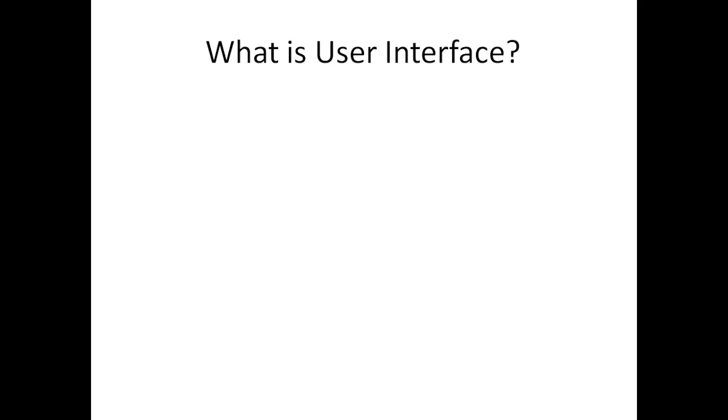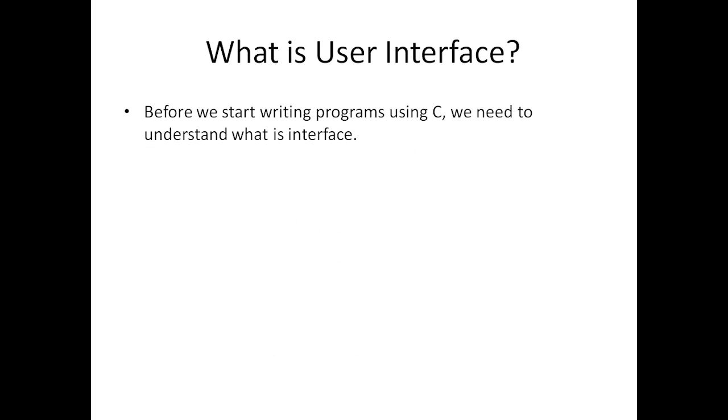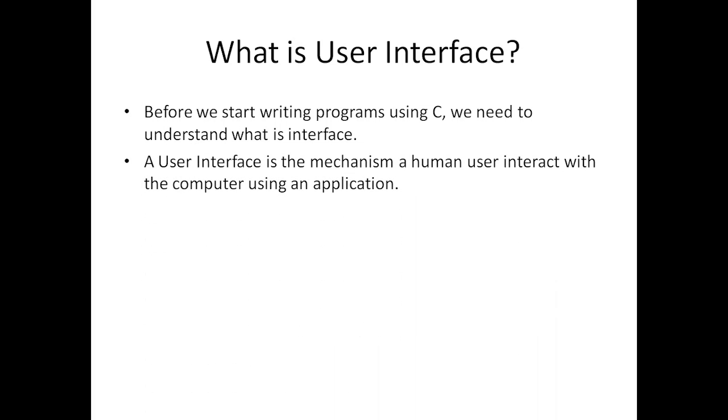What is a user interface? Before we start writing programs using C, we need to understand what an interface is. A user interface is the mechanism a human user uses to interact with the computer using an application.